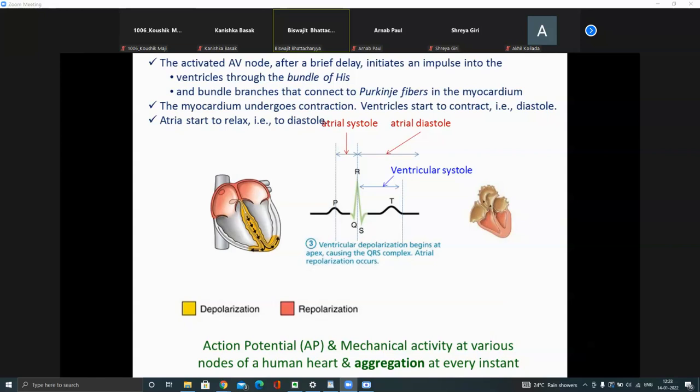It's coming out of the ventricular region. So ventricles are in systole and atria are in diastole. This region we find is between the RST region. The segment is shown here.